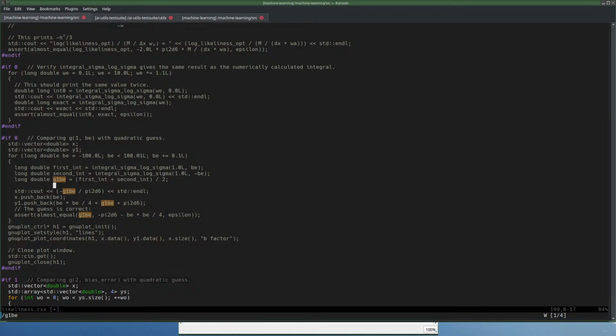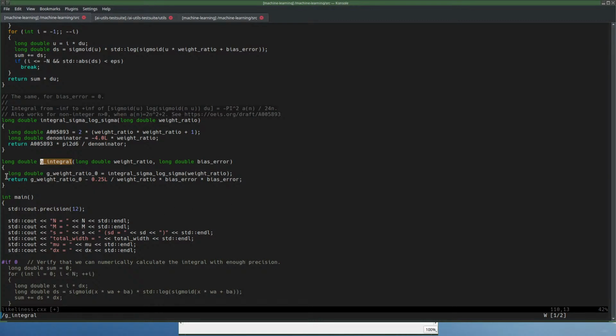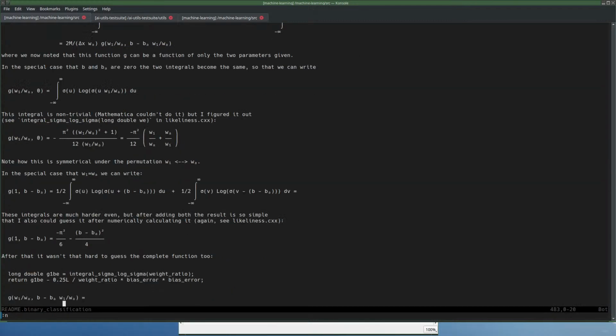I don't have a separate formula for that here, I just calculated it. Right, G weight ratio 0.